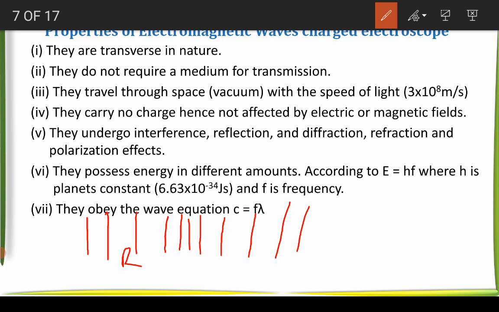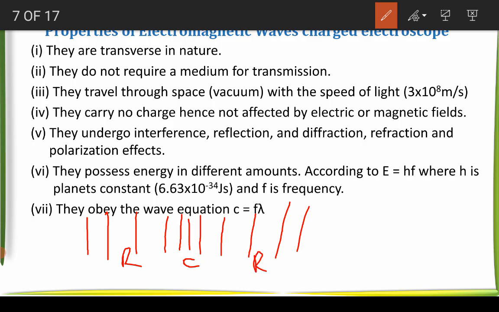Remember, rarefactions are regions of lower density of particles that are involved in the transmission of energy, in this case sound energy, and compressions are regions of higher density.